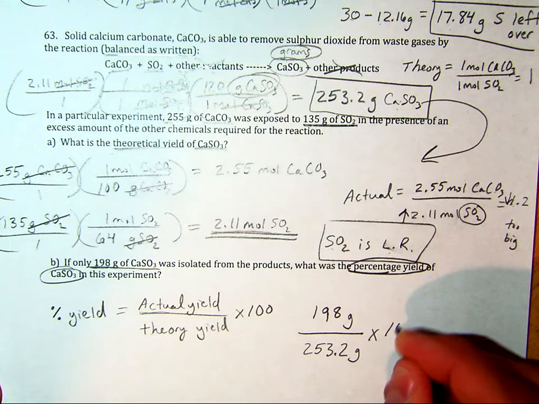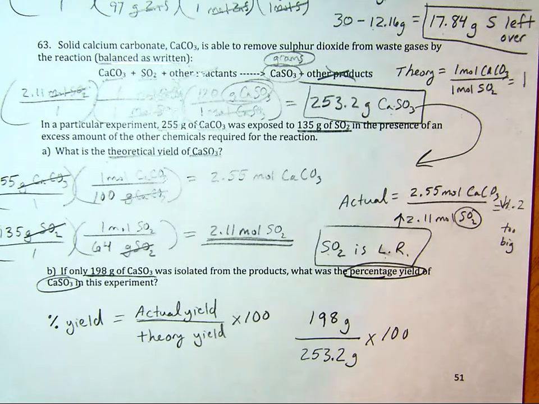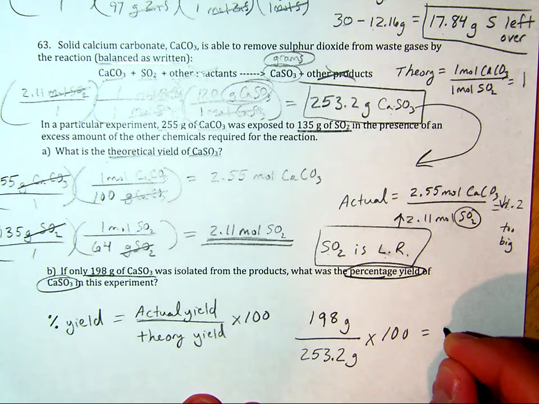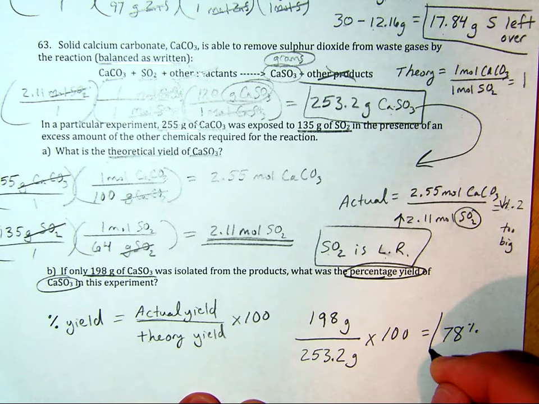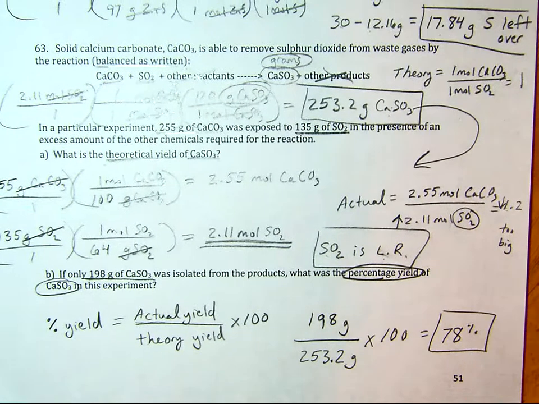Let's divide those two numbers and times it by 100 and get our percent yield. So 198 divided by 253.2, and I'm getting that is about 78% if you round it to the nearest whole number. So my percent yield was 78%.